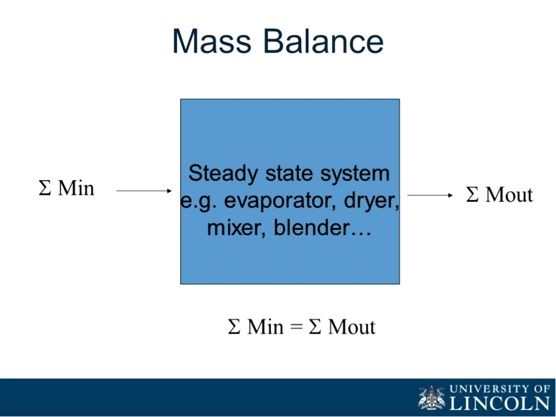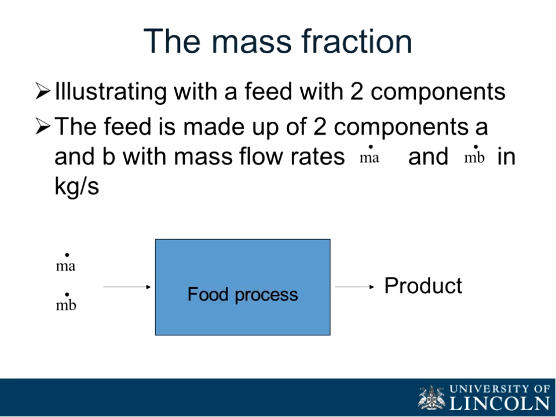But we are going to be interested in the mass balance. The summation of the mass coming in equals the mass going out. In this specific example, you have a scenario whereby two components are going into this process, and then we have the product.